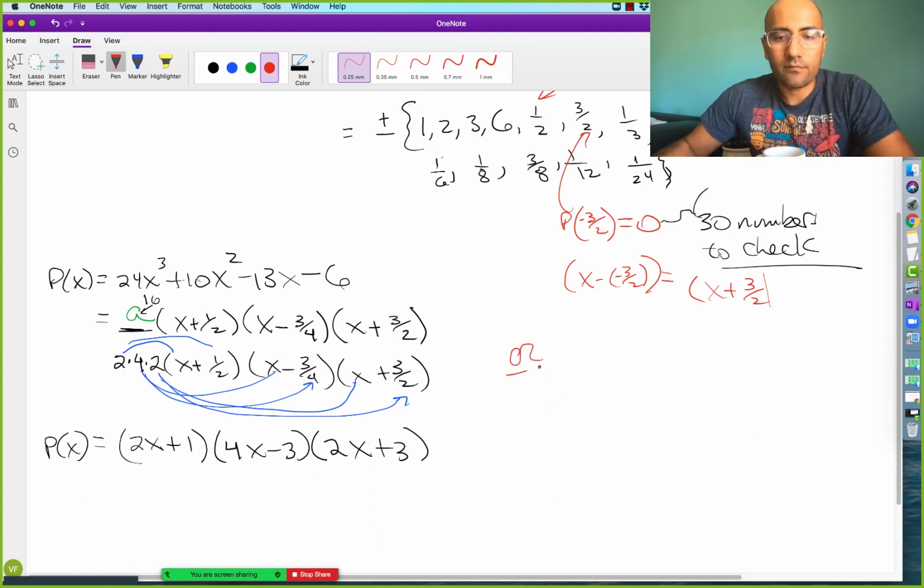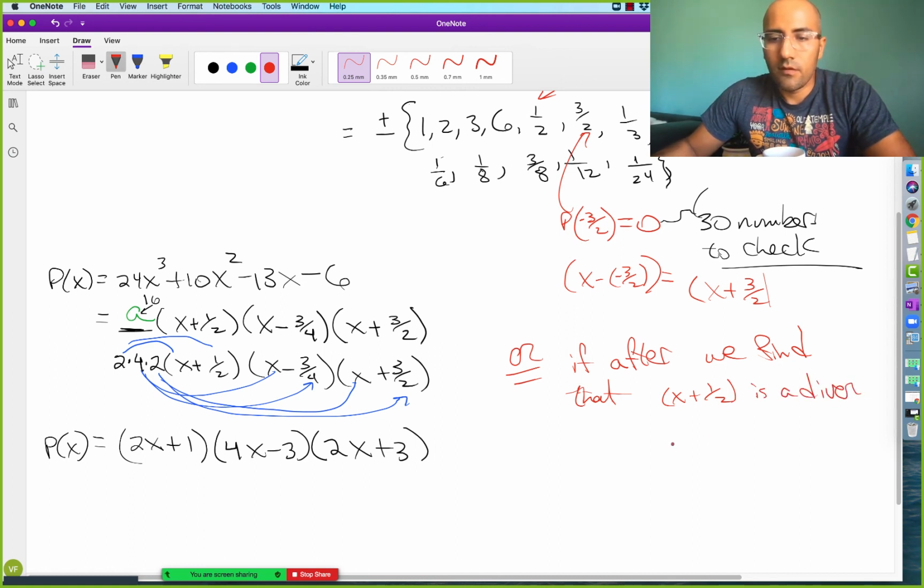So, or if after we find that x plus 1/2 is a divisor, then what we could do is actually divide it, use synthetic division.